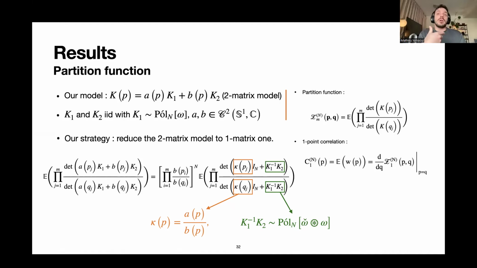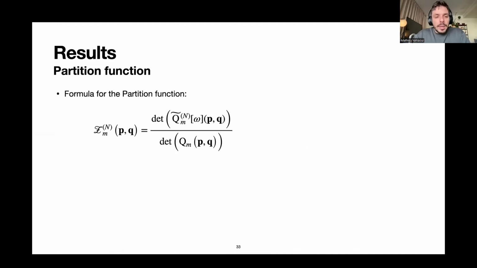But since we're drawing random matrices from an ensemble that is closed by inverse and product, knowing the distribution of K1 and K2, we also know the distribution of K1 to the minus 1 times K2, which is also what we call a polar ensemble, with a polar weight being the multiplicative convolution that you can see in green here. And we've also been able to derive an exact formula for the partition function in that setting, which is reminiscent of the first one I mentioned, that was obtained by physicists in 2023 in the Gaussian case.